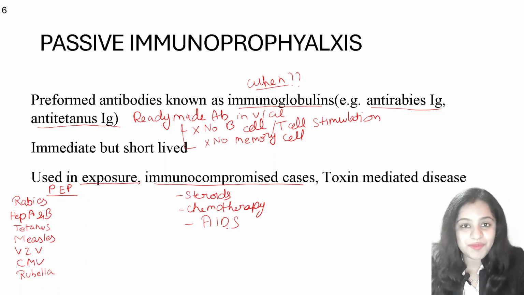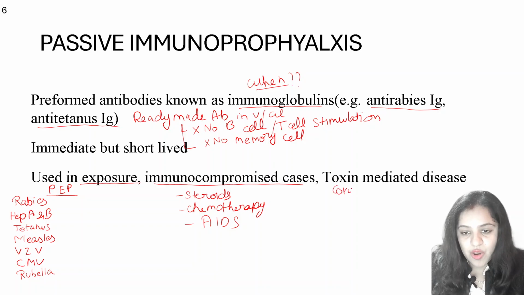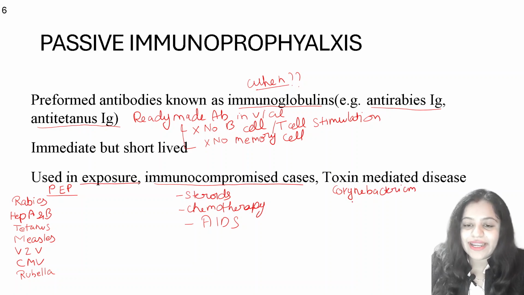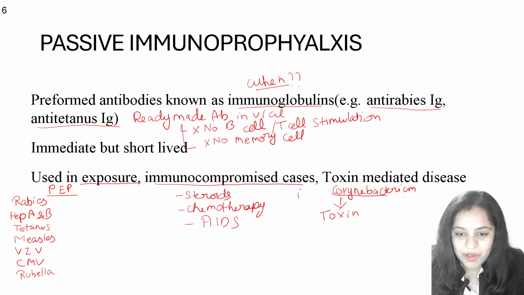You can also use passive immunoprophylaxis for toxin-mediated disease. For example, your Corynebacterium diphtheriae. Okay. So when this bacteria enters our body, it releases toxin. Now, when you give antibiotic, what happens is it only targets the bacteria, but it doesn't target the toxin.